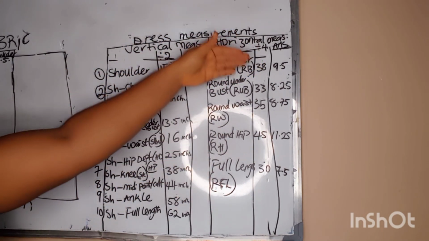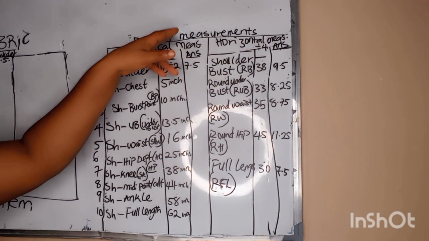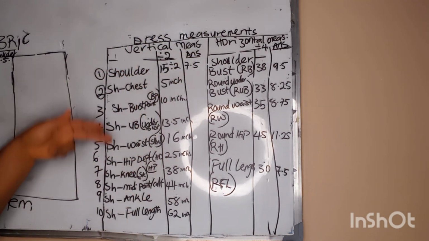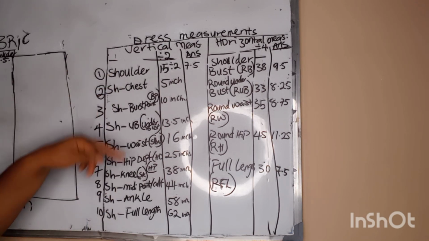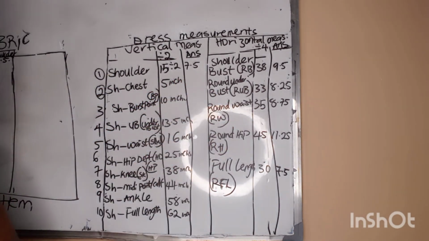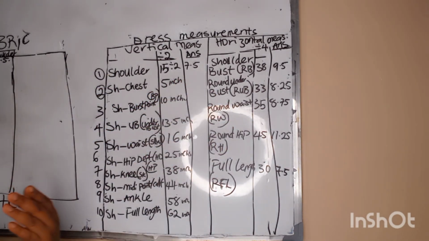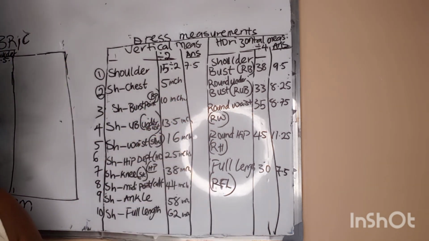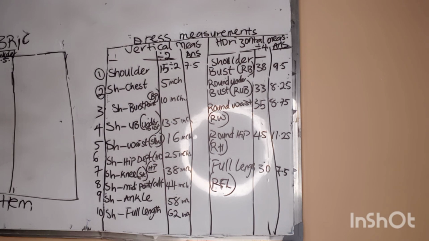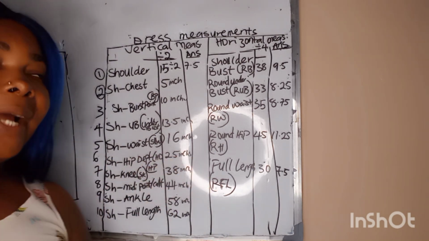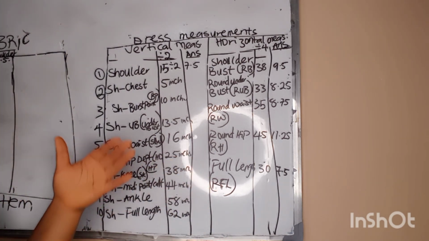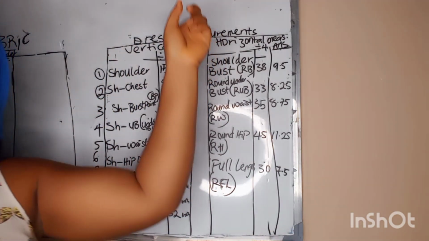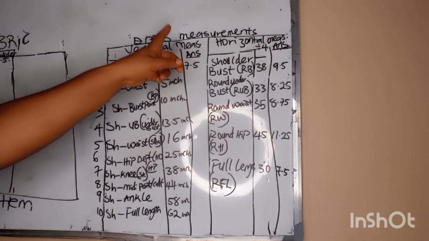This particular measurement chart is for dressmaking. That's why you're seeing this measurement arranged in a way that it should be, without any other body part like the crotch, because there is a measurement for a skirt that is different from the measurement for a pant, different from the measurement of a dress. But this particular one is for a dress measurement.